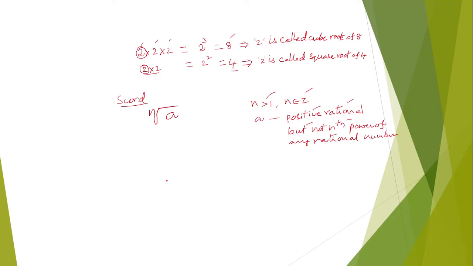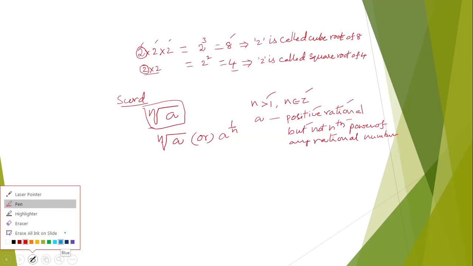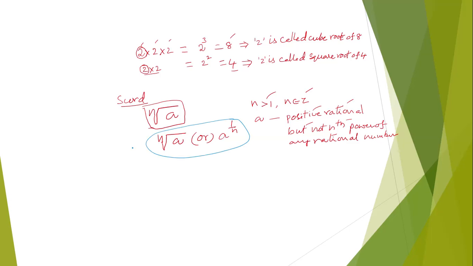Then what is in the form of the nth root of a, or a to the power of 1 by n, is called a surd.